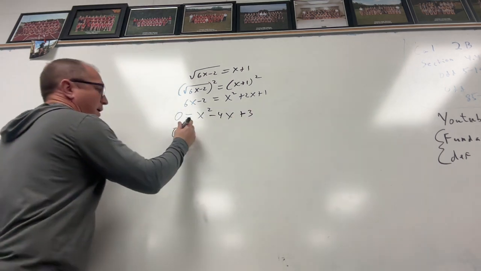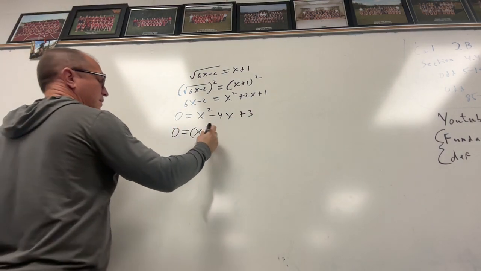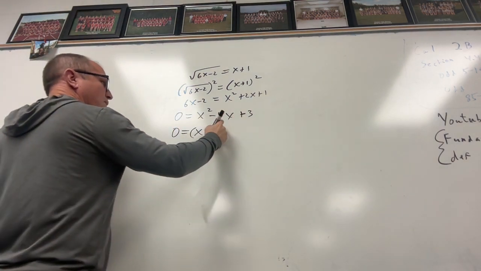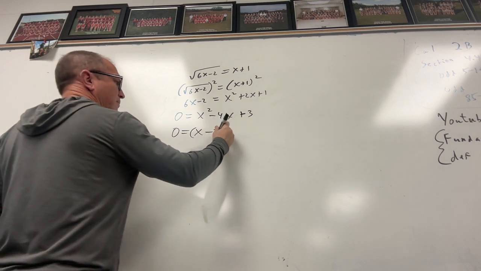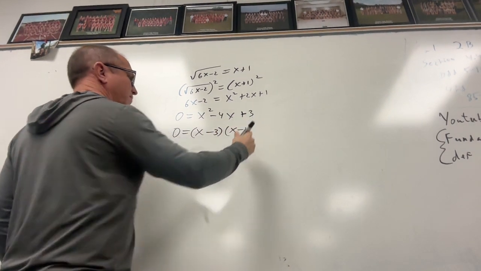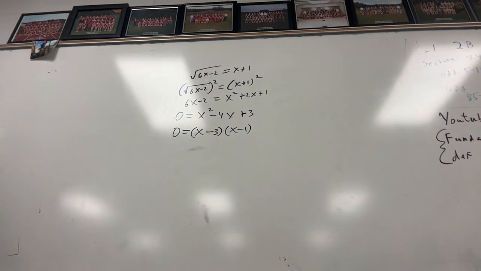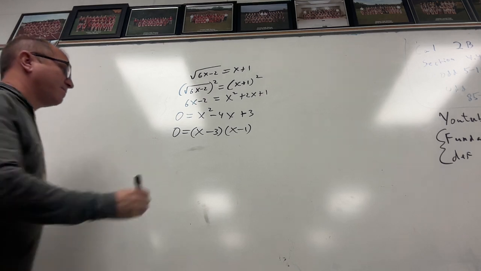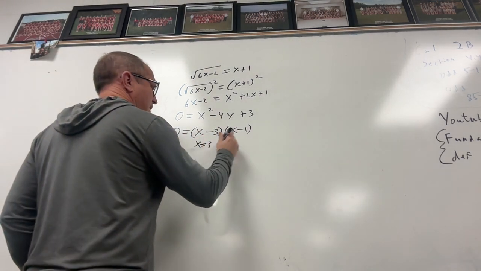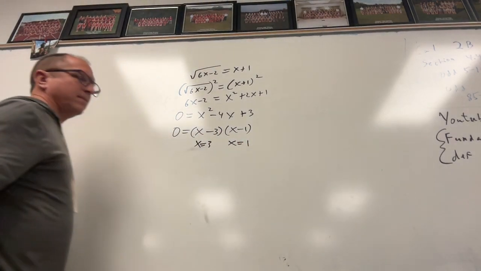So at this point right here, we get x minus 3 and x minus 1 as our factors. So from that, x equals 3 and x equals 1.